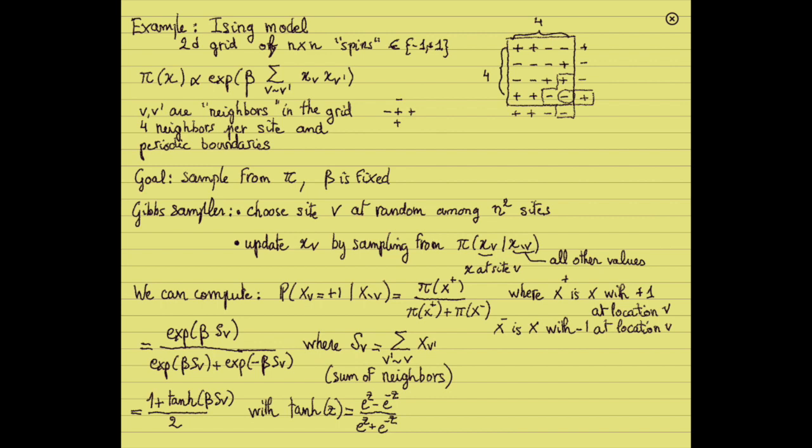So this is simply a certain function of beta and of the sum of the neighbors. And this function, hyperbolic tangent, is a function that goes from minus 1 to plus 1 when z is any real value. But in fact here z will be only any of the 5 possibilities depending on the sum of the neighbors.